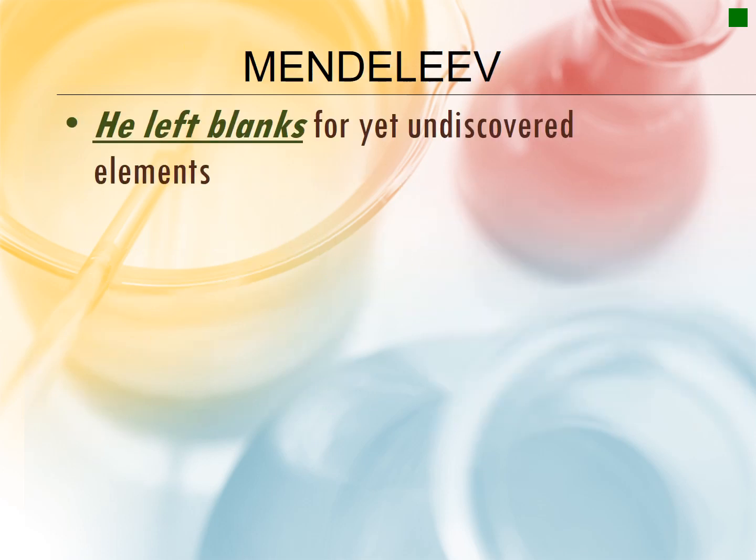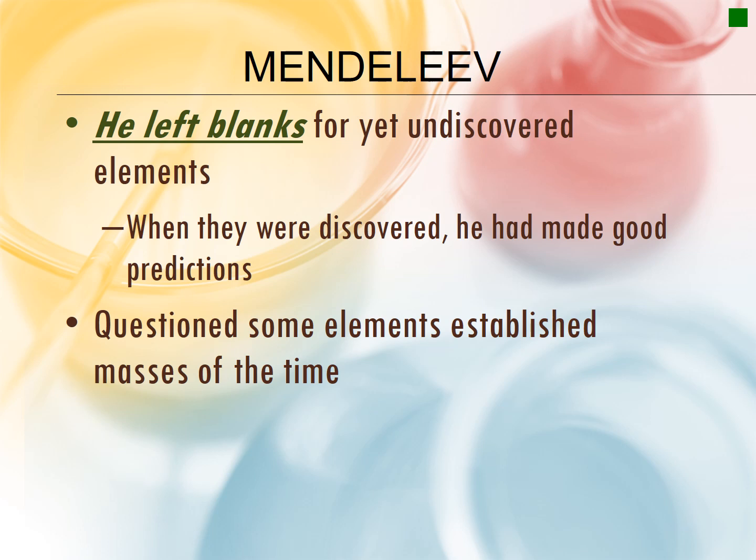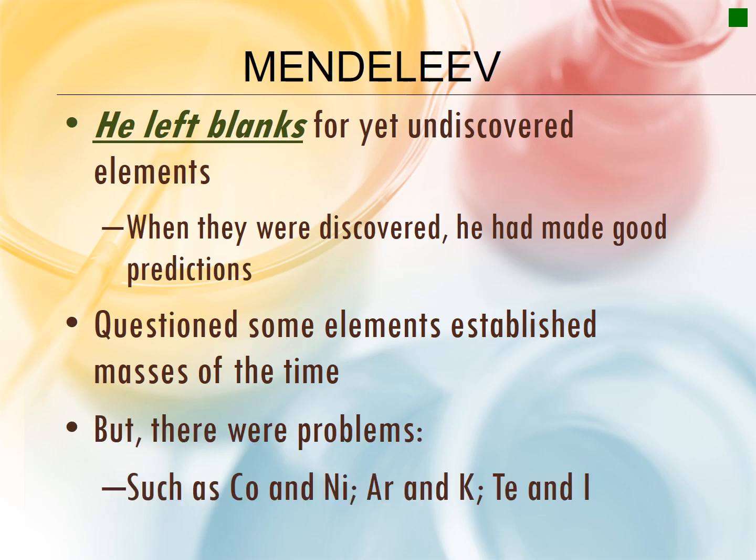What was amazing about Dmitri Mendeleev, though, is that he left blanks for undiscovered elements. How he arranged it, he figured out that between this element and this element, there actually were 2 elements that they had not yet discovered, based purely off of the masses. And when these elements were discovered, he was very correct in how accurate his measurements were.